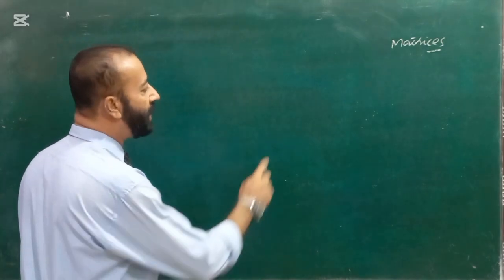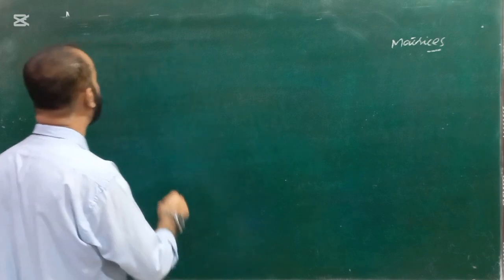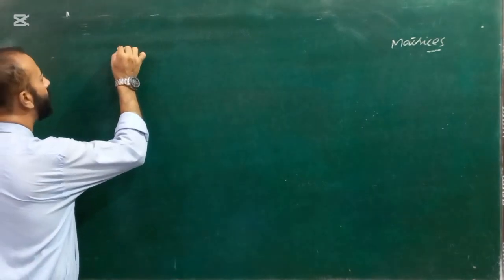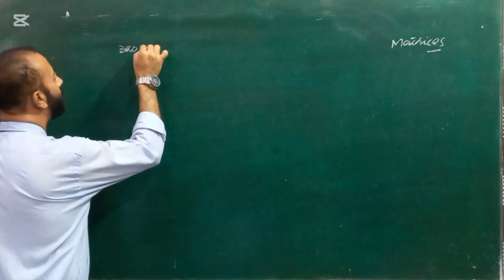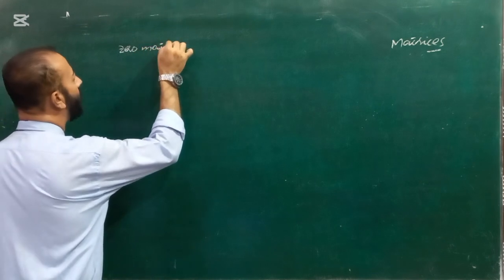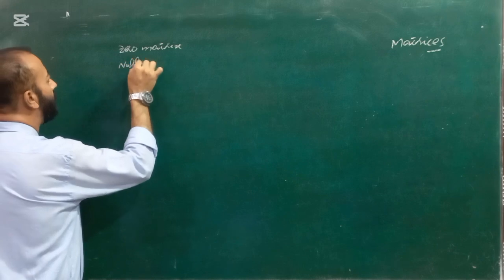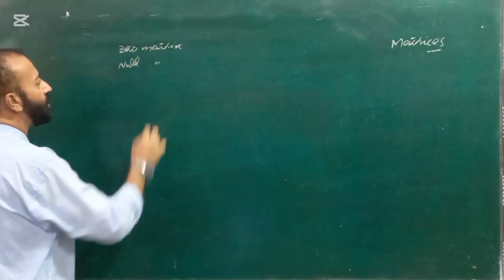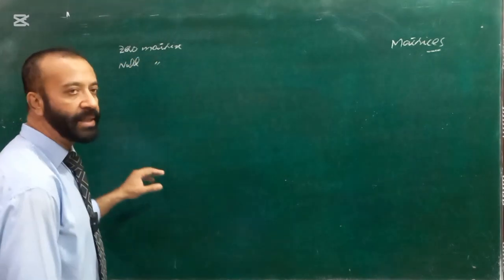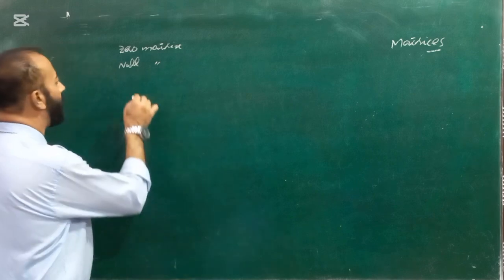The next type in the topic of matrices is the zero matrix, that is also called the null matrix. So these are two names of the same matrix. A zero matrix or null matrix is a matrix in which all the entries are 0.